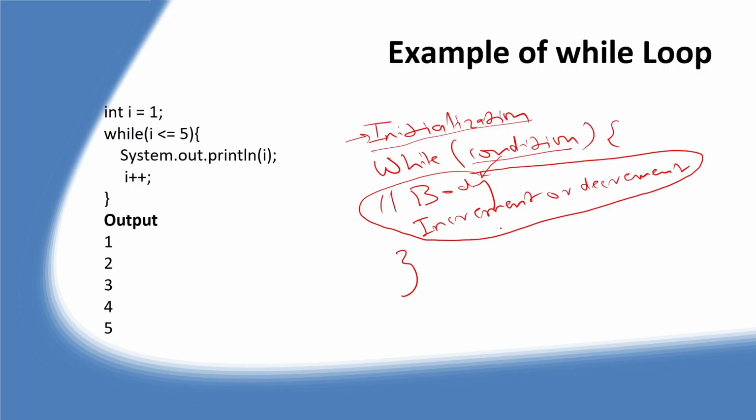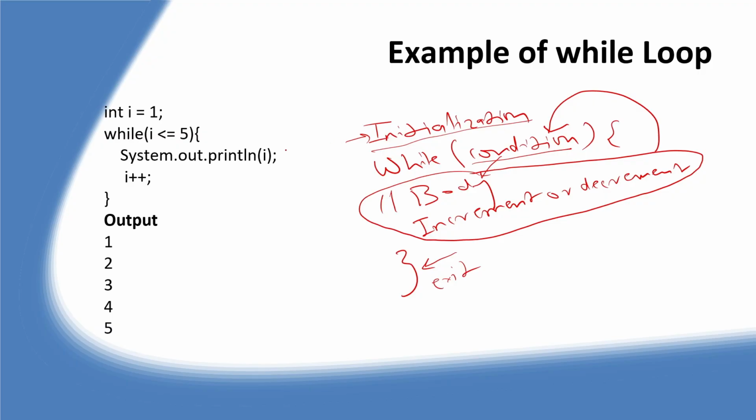After this, again it will check the condition. So until it becomes false, this cycle will continue. And when it becomes false, it will come out of the loop and exit.